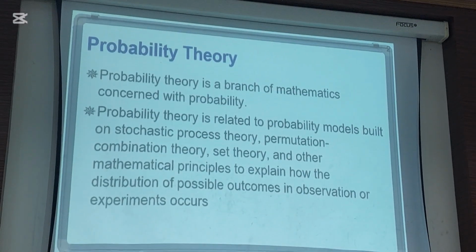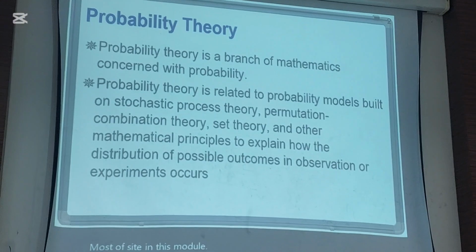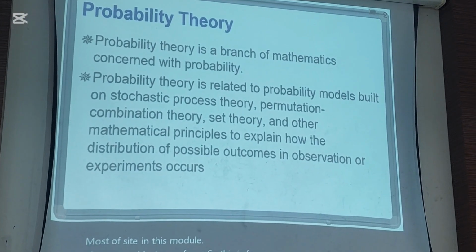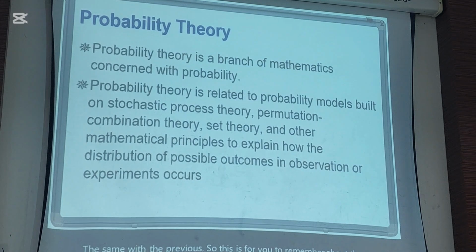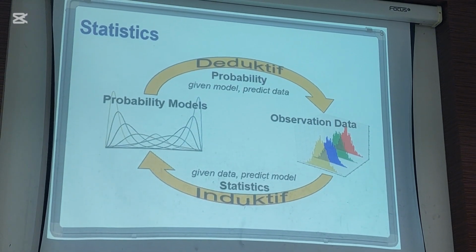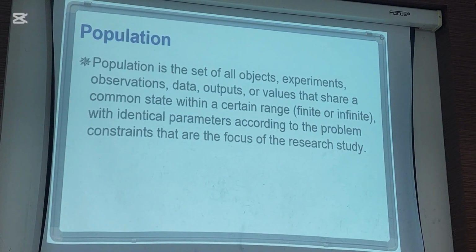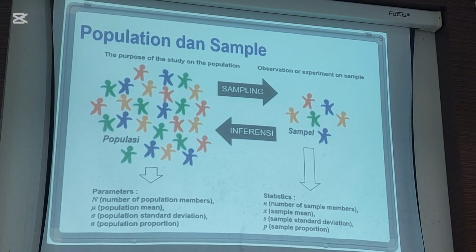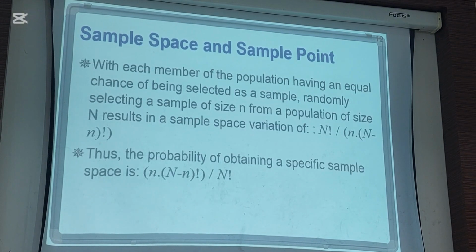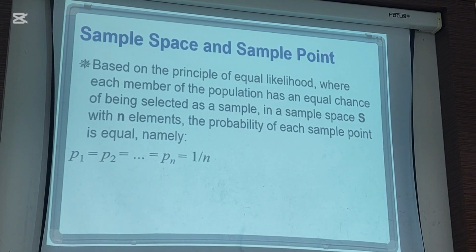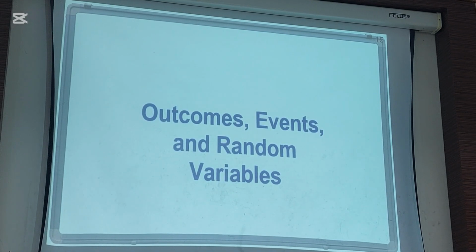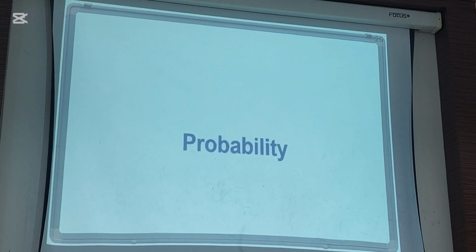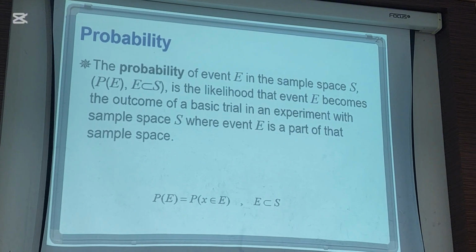So this is for you to remember about the previous. The probability, statistic, population examples, we skip them now. Sample space, sample volume, and then outcome, event, and then variable. Probability.